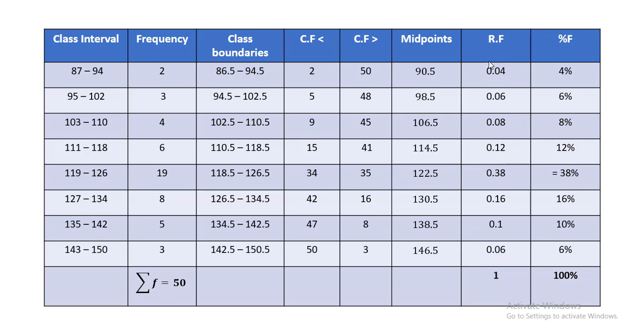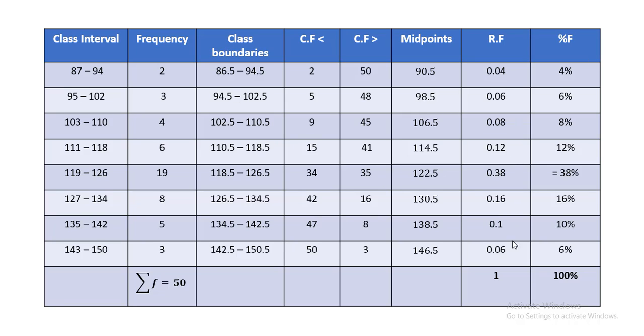For relative frequency, we divide every frequency by the total number of frequencies. For example, if the frequency for this particular class is 19, and I divide it by 50, it gives me 0.38. If I need its percentage value, I multiply this relative frequency by 100.